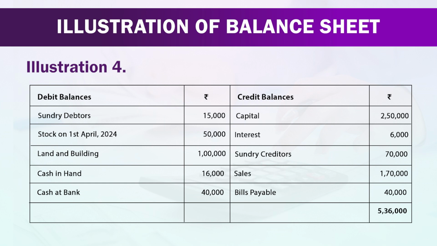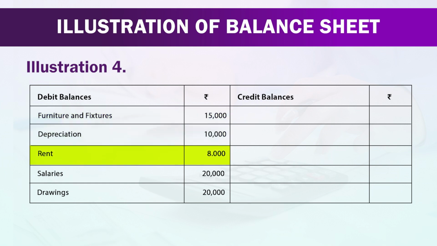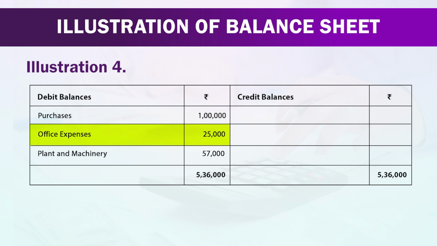On the debit side, the first item is sundry debtors of rupees 15,000, opening stock on 1st April 2024 of 50,000, land and building 1 lakh, cash in hand 16,000, cash at bank 40,000, wages 30,000, bills receivable 20,000, interest 2,000, bad debts 5,000, repairs 3,000, furniture and fixtures 15,000, depreciation 10,000, rent 8,000, salaries 20,000, drawings 20,000, purchases 1 lakh, office expenses 25,000, plant and machinery 57,000.